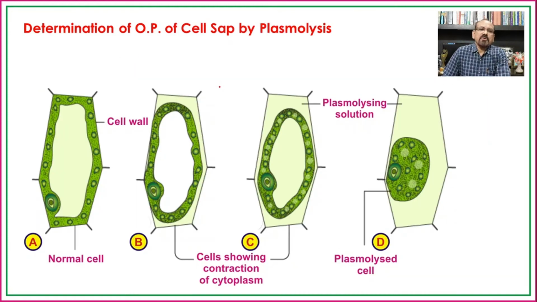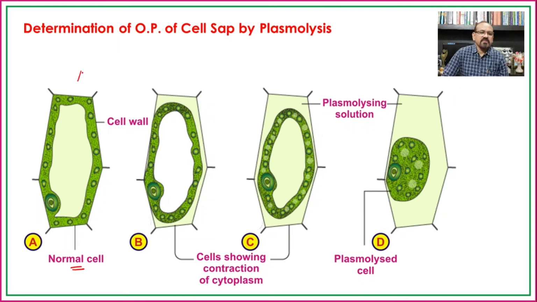Now, whenever we are talking about the determination of the osmotic pressure of the cell sap by the plasmolytic method, earlier we have seen that when the cell is kept in a hypertonic solution, the water from the cell comes outside, that is exosmosis. So in such a situation, we have to prepare different solutions of known concentration, and the cells are kept inside them.